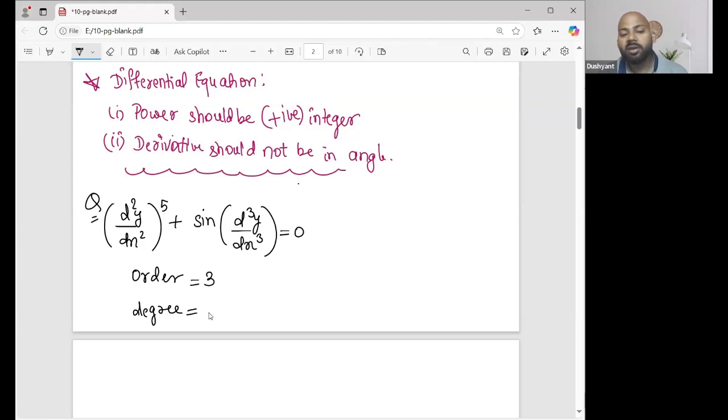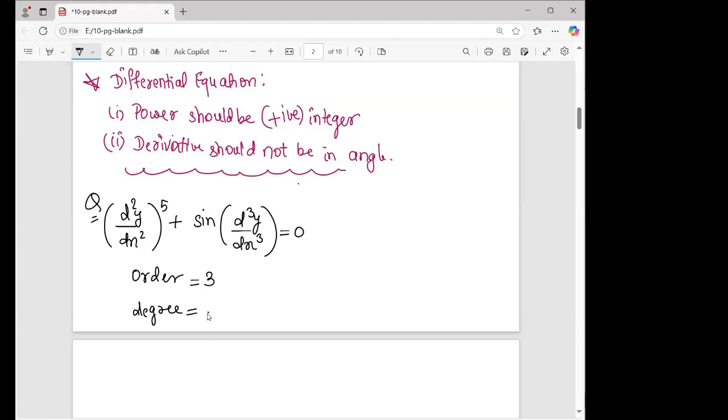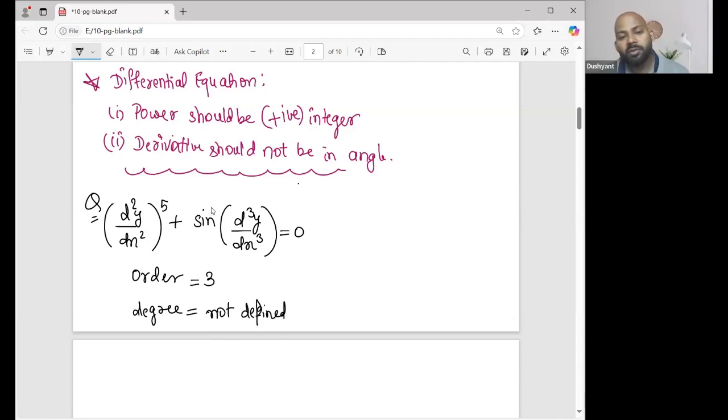But the degree is not defined. Why? Again, the same rule, because we have sine and then theta, and in place of theta we have a derivative. In such a situation, the degree is not defined. Please keep that in mind. Clear?